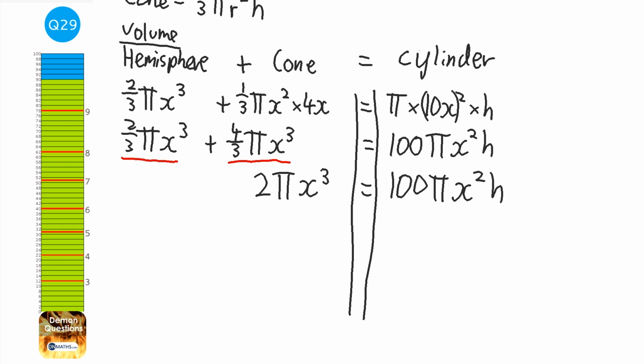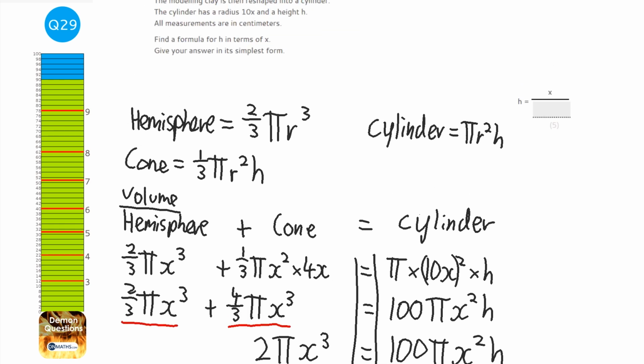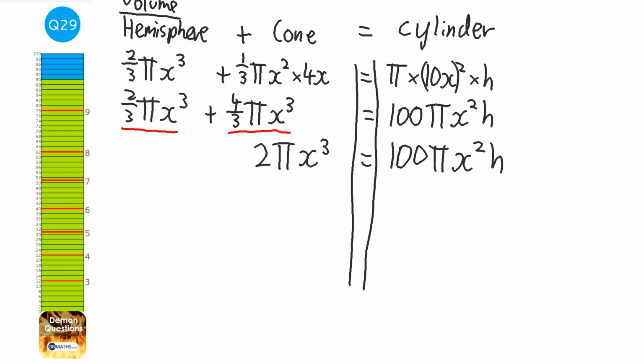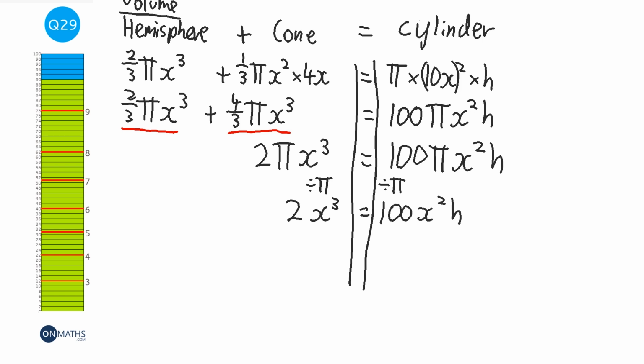Brilliant. Now let's just check to see what it wants. It wants a formula of h in terms of x, so it wants h equals. First thing I need to do, well, let's have a look. What's easy to do is just divide both sides by pi. Let's get rid of the pi's. So 2x cubed equals 100 x squared h. Now we want h on its own, so we're getting close. We need to divide by the x squared first to get h on its own.